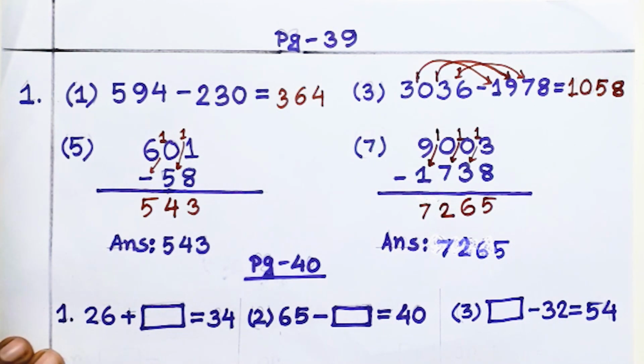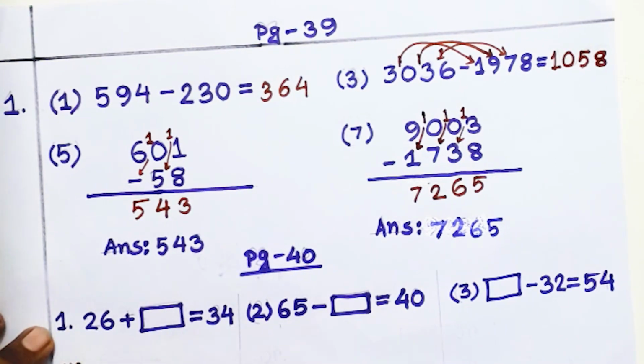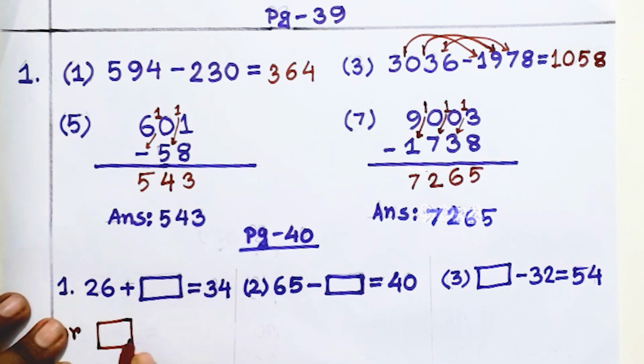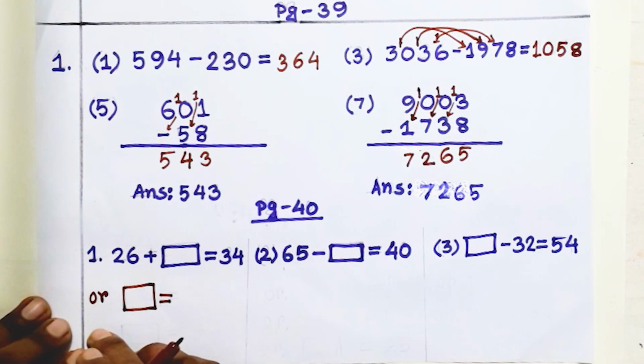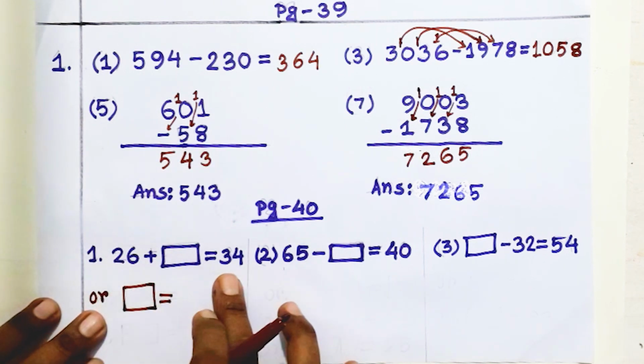Now see, here the question is to find out the value of this box. For that we will write here "or" first, because in one line we can write the equal sign twice at a time. Now write here this box, give this equal sign here, and I will take the rest of the number to the other side.